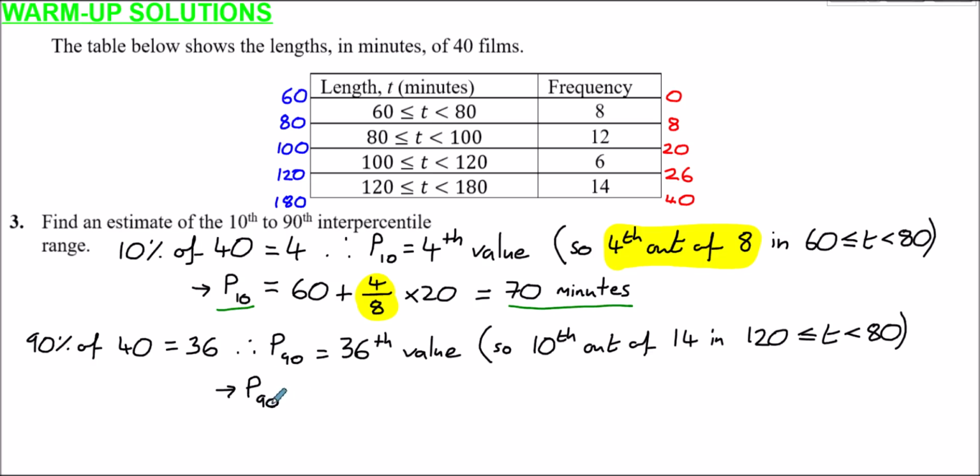So therefore, the 90th percentile, we start where this interval starts. So start at 120. And again, we're going to add on this fraction, 10th out of 14, of the width of the interval it happens to be in. So 10th out of 14 of 60.